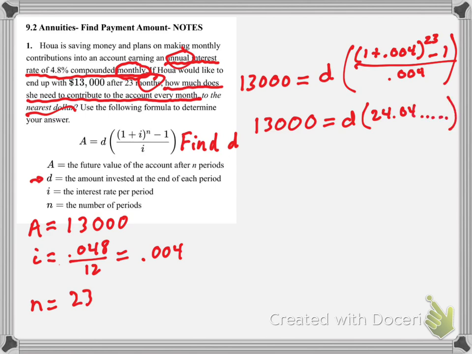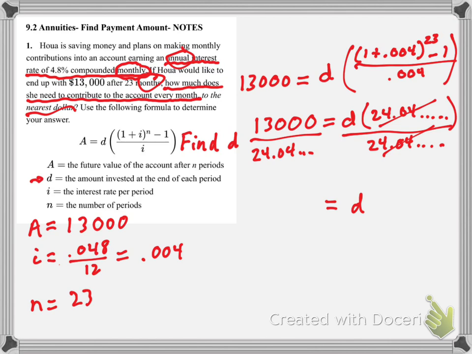Now, here's what you're going to do. What do we have to do first? We have to divide by 24.04 and so on, both sides. Now, how am I going to do that? Because I don't want to type in all this stuff. Well, here's what you do. In the calculator, you're going to do 13,000 divided by, now, we want that super long decimal to go in because we need an accurate answer. We're not rounding that.